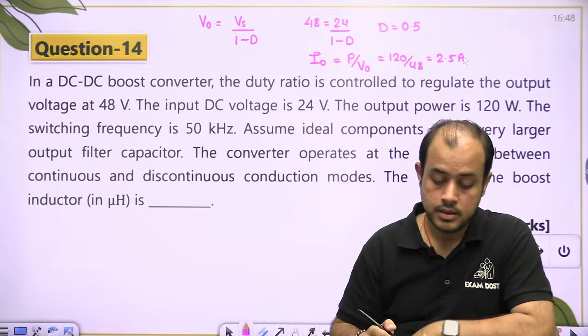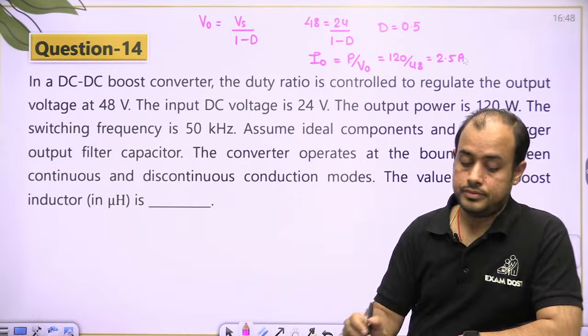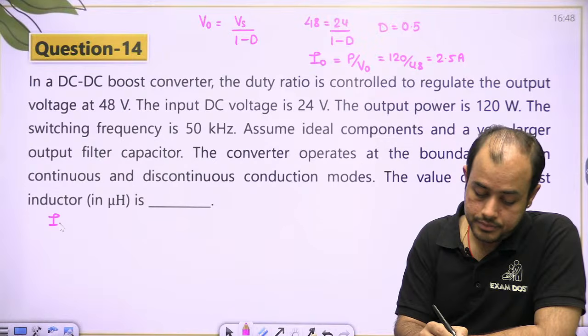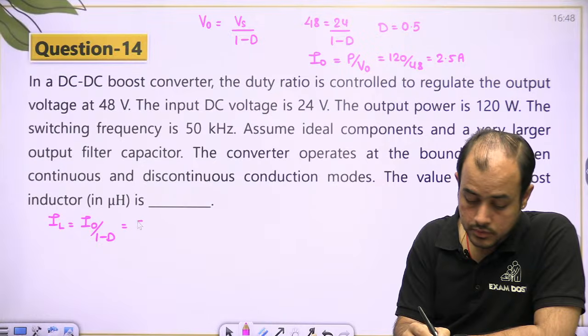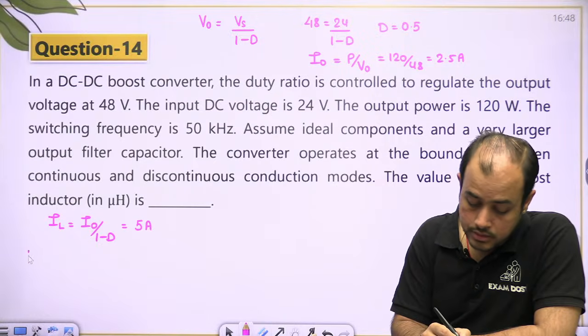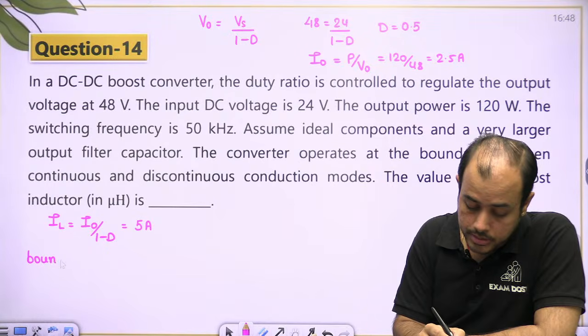Now, IL will be 5 ampere. What is the boundary condition, beta?